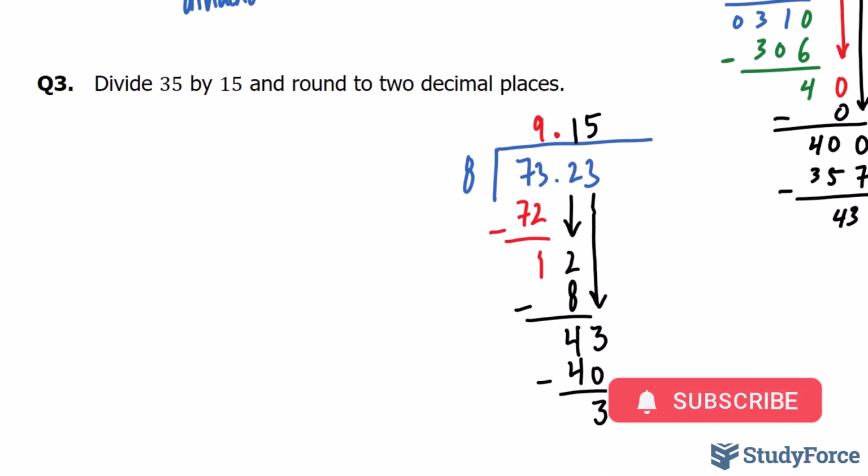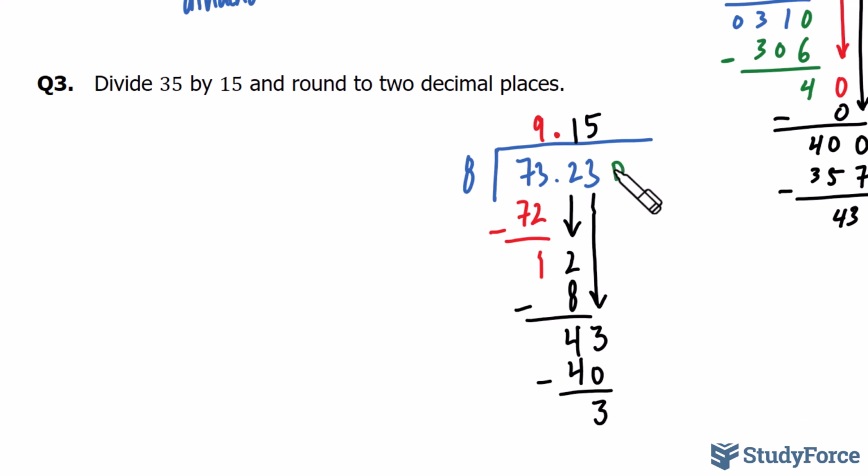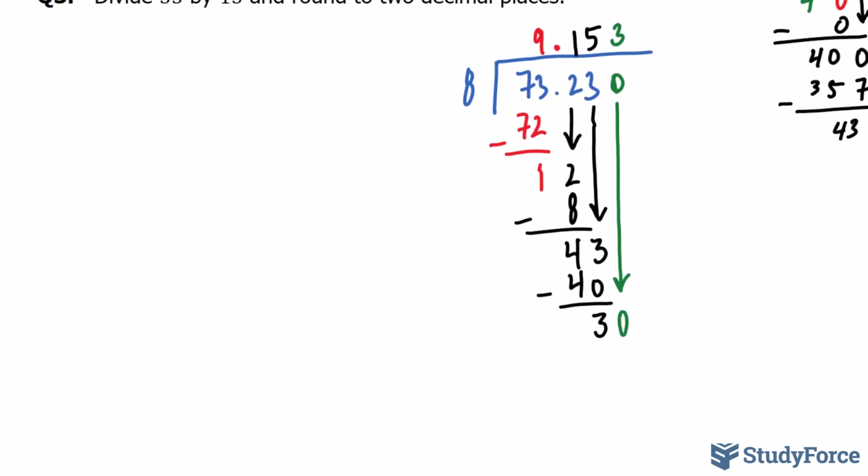We need to continue doing this until we end up with a remainder of 0. Since we've run out of numbers, over here, we can now introduce a 0, just like how we did before. We bring that down. 8 fits into 30 3 times. And that amounts to 24 once we multiply 8 and 3. We subtract these two values and we end up with 6.